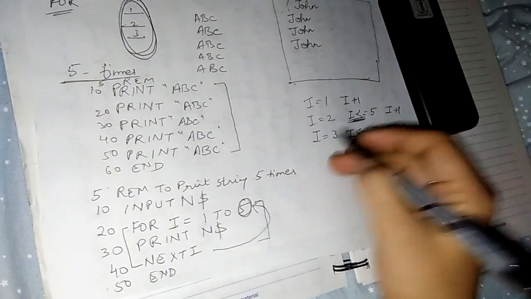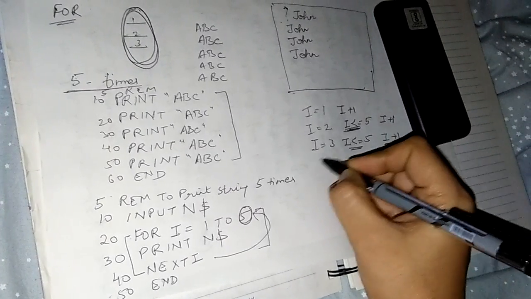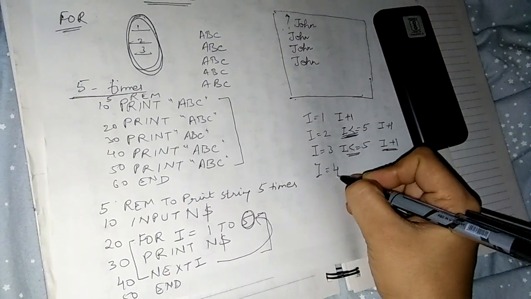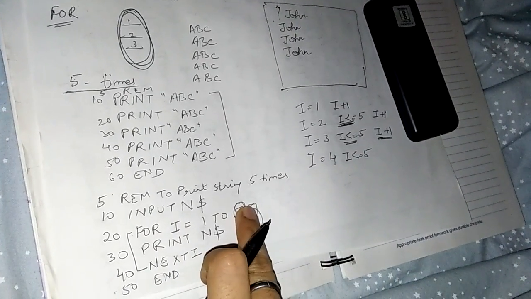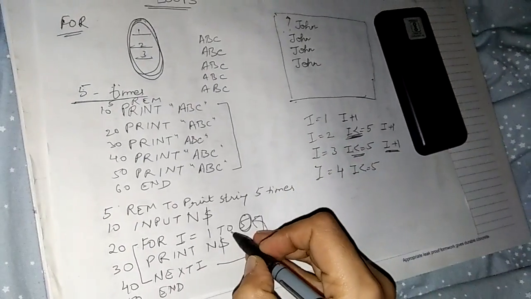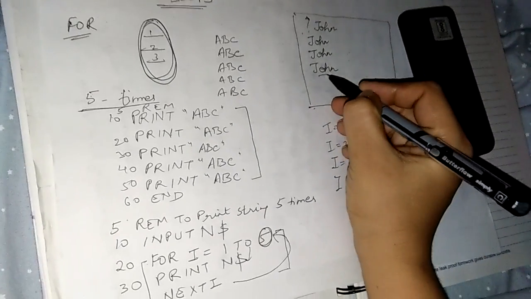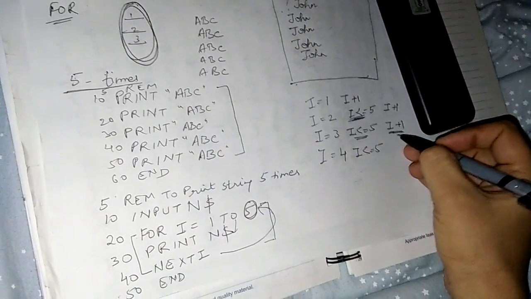And then next time, I is increased by 1 and I becomes 4. I will be checked against 5. If it is true, then again John is printed. Next time I is increased by 1.